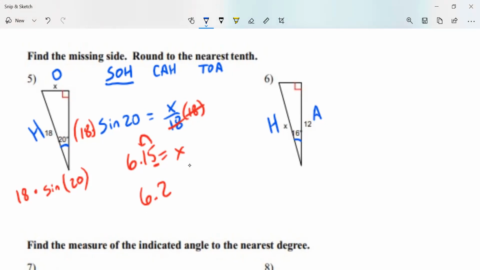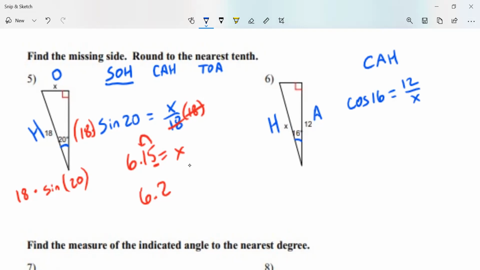Then A and H, I remember the acronym CAH, right, is the acronym that uses A and H. So that means that cosine of 16 degrees is equal to 12 over x. It was nice when x was on top.